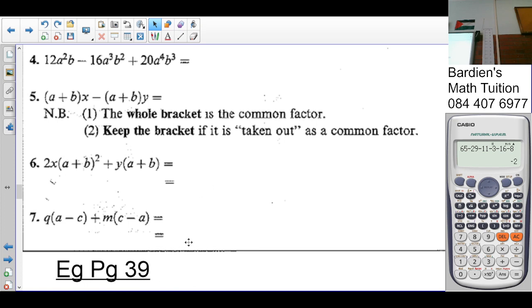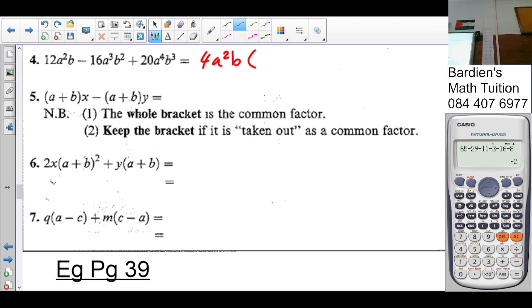In number 4, where the sum reads 12a squared b minus 16a cubed b squared plus 20a⁴b cubed. What is common there? 4a squared b.